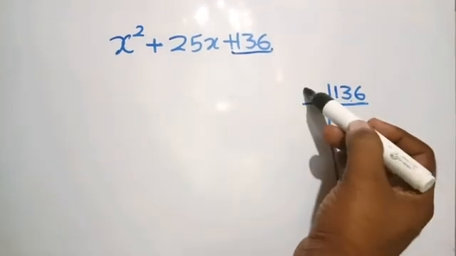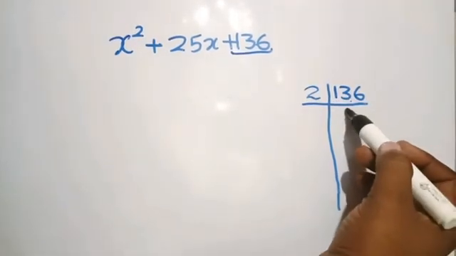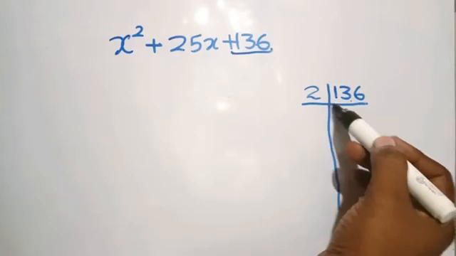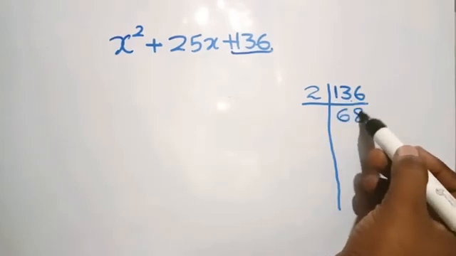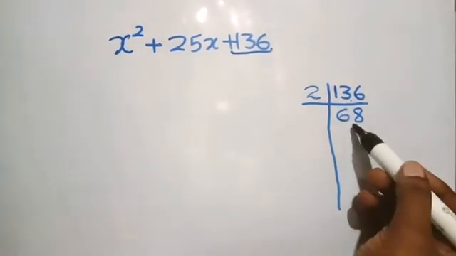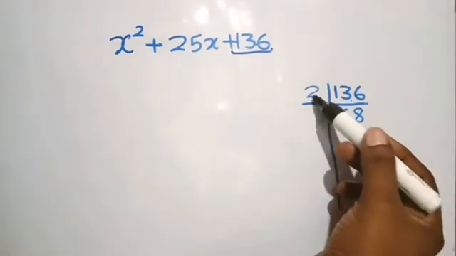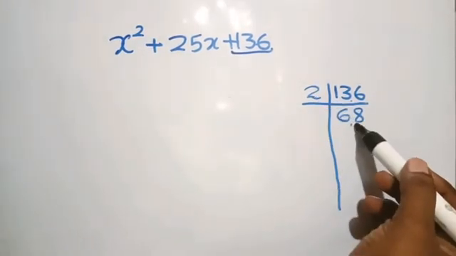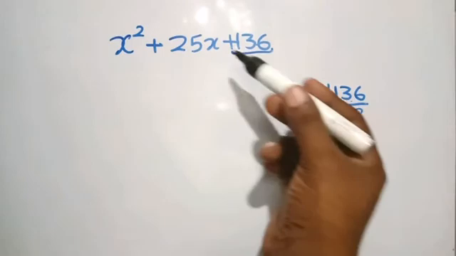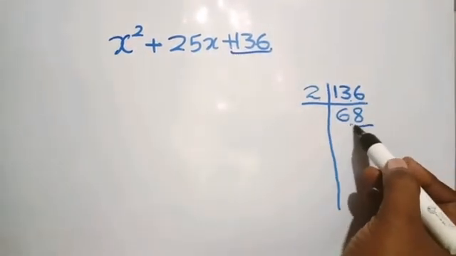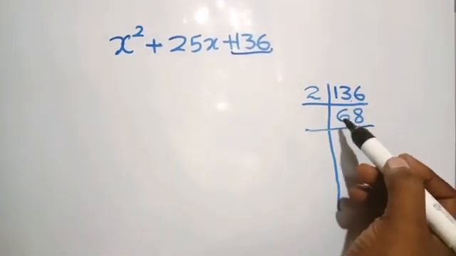As it is an even number, we can divide by 2. So we get 2 and 68. If you add these two numbers, we get 70, not 25. So we have to proceed with the next prime factorization.